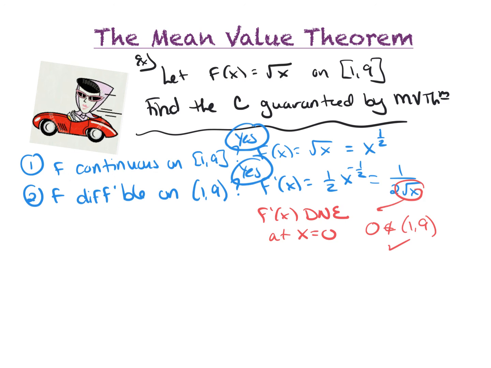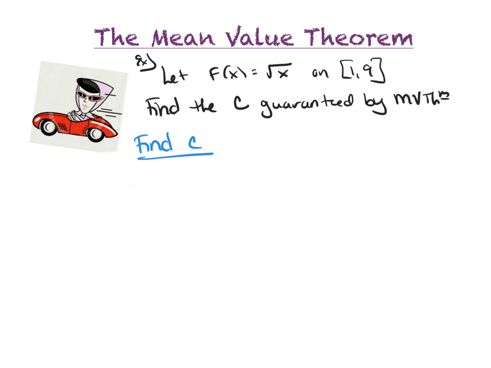So now let's find the c. Remember, in order to find the c, we need f prime of c to be equal to f of b minus f of a over b minus a. Okay, well, a few minutes ago, we found f prime of x.